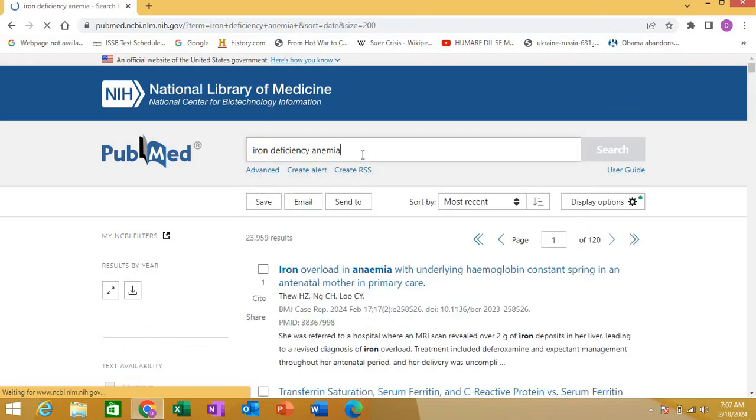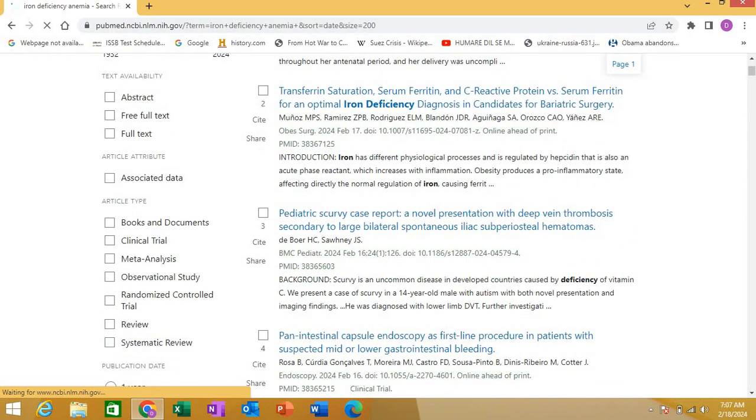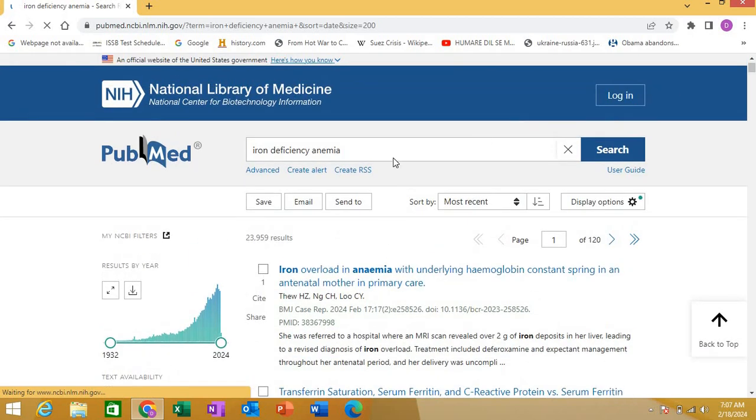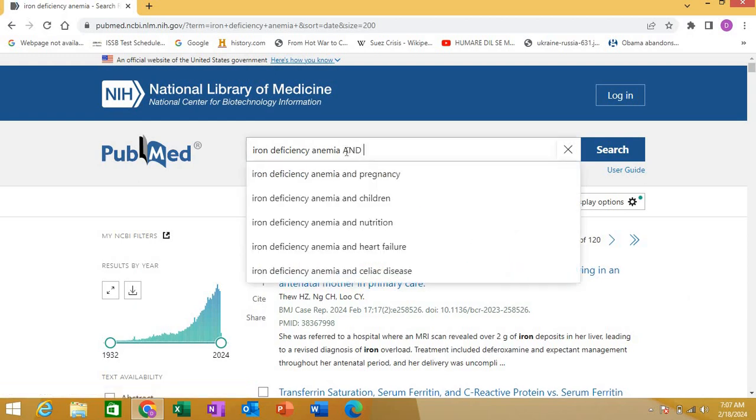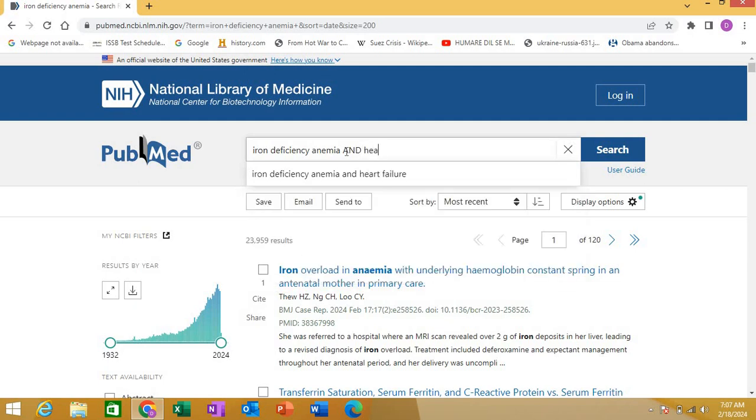You will use a Boolean term known as AND here with iron deficiency anemia, and then we will write heart failure. Actually, what these Boolean terms do is separate two different search terms, which are known as keywords.